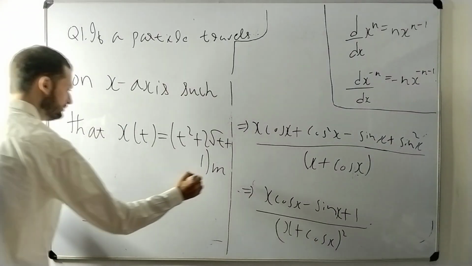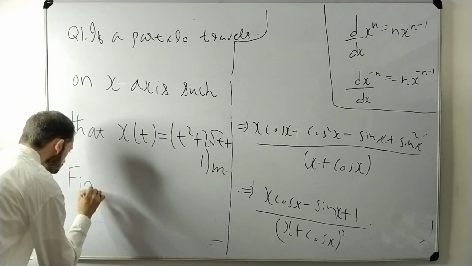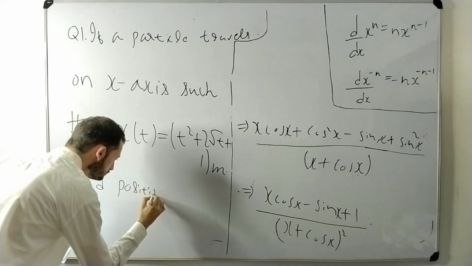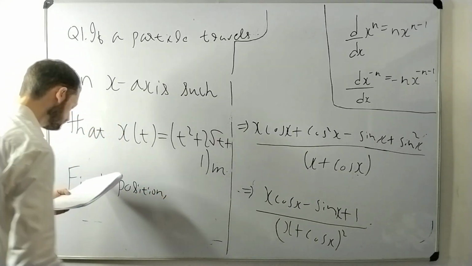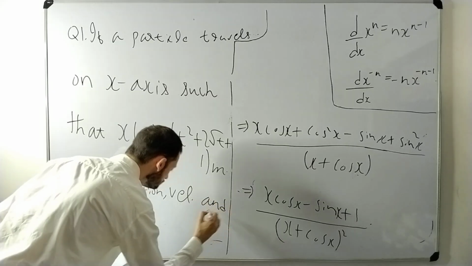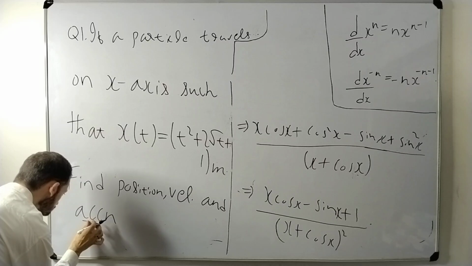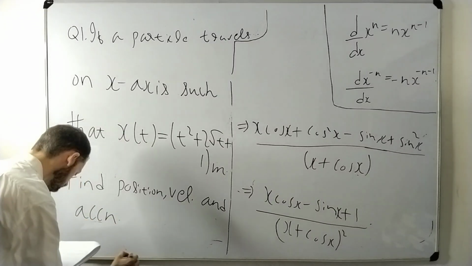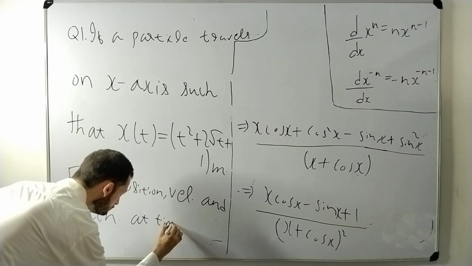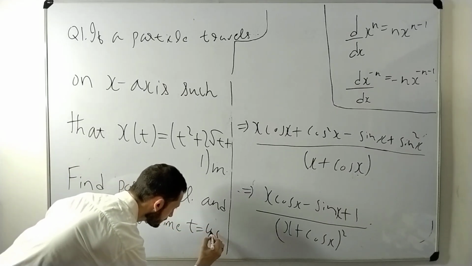Find the position, velocity and acceleration at time t equal to 4 seconds.